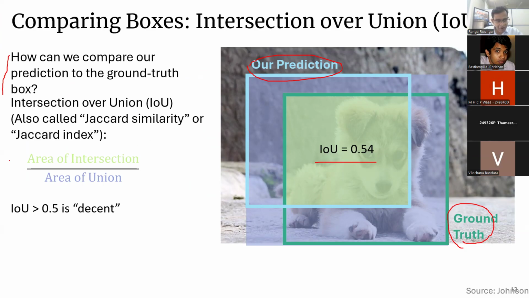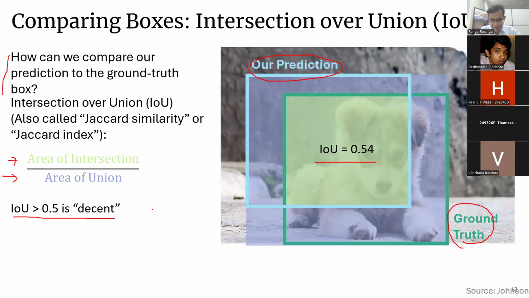So it is the area of intersection divided by the area of the union. If IOU is greater than 0.5, it's decent. What is the maximum value that IOU can be? Can you think about it? IOU maximum value is when the prediction box fully overlaps with the ground truth box.